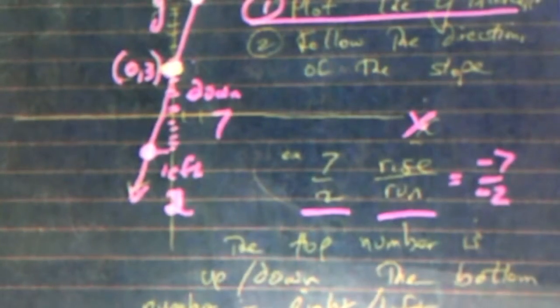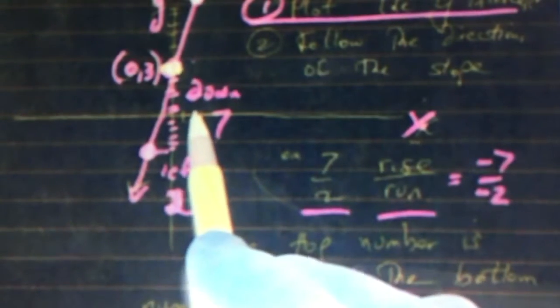Don't get confused. Remember, mathematics can give you something in a different form, but it can be the same thing. The value of 7 over 2 is exactly the same as the value of negative 7 divided by negative 2. It's still 7 over 2, and that's why the slope is this direction. So you're saying if it was like 10 over 2, then instead of going up, you go down?